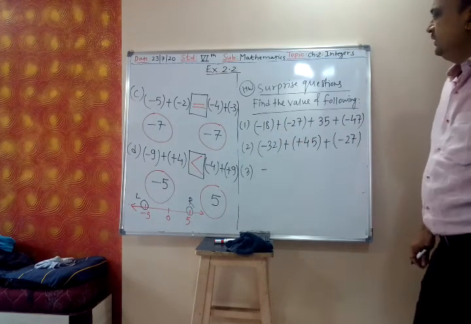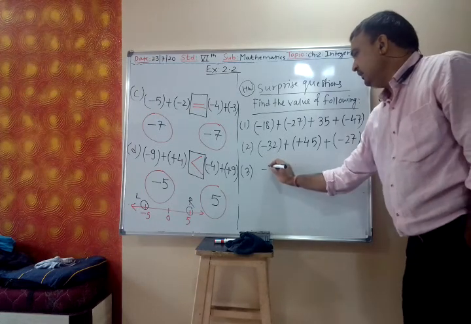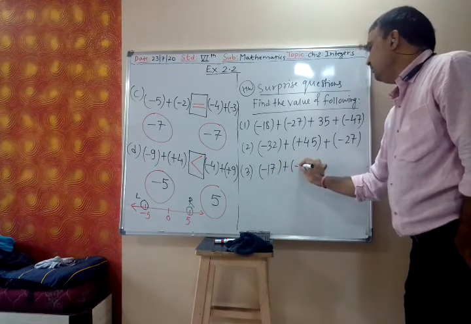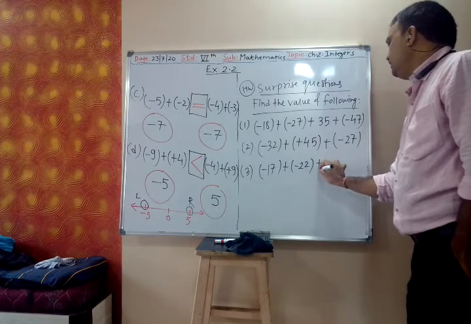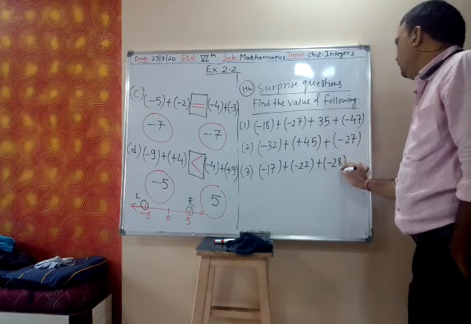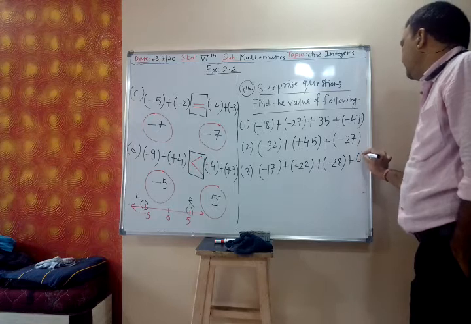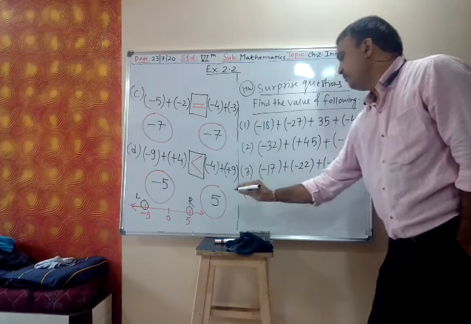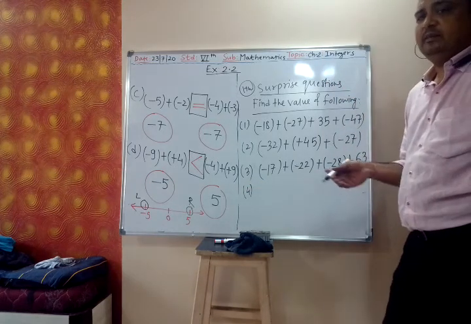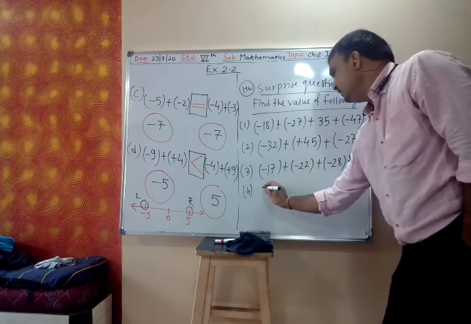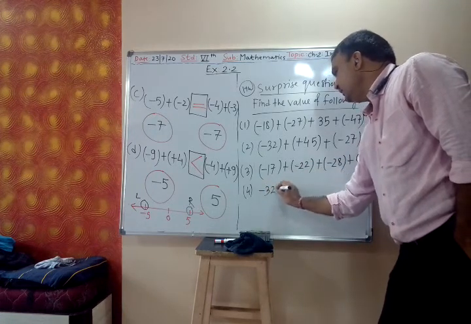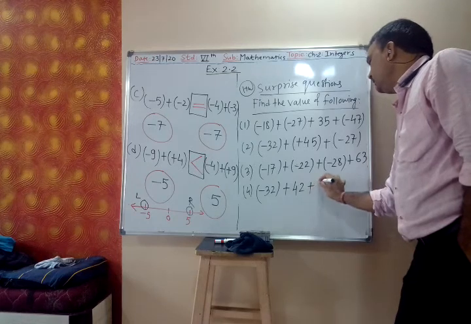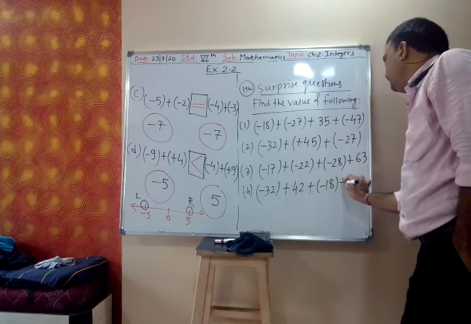Right? It's very much clear. Minus 17 plus minus 22 plus minus 28 plus 63. Then fourth. I am writing, you have to also write. Minus 32 plus 42 plus minus 18 plus minus 12.